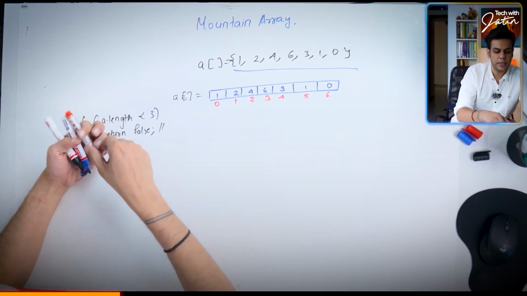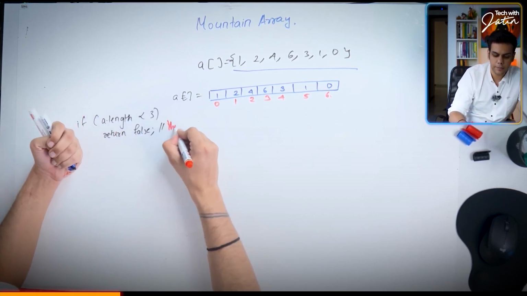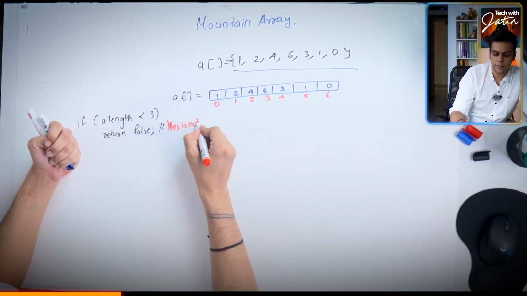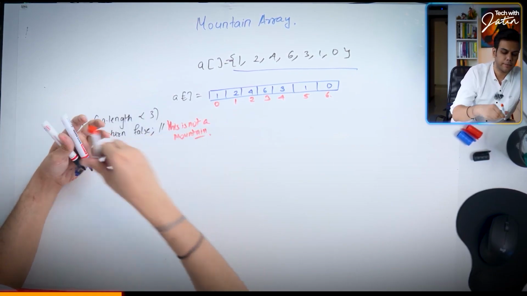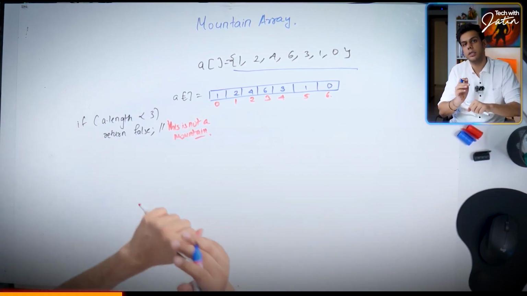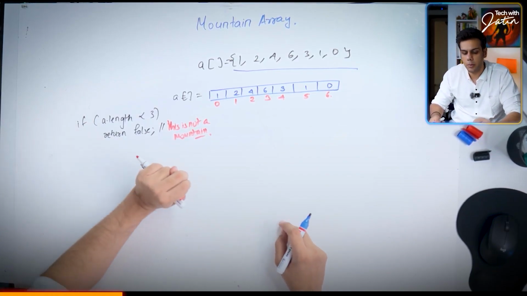And this false over here means that this is not a mountain array. Clear?